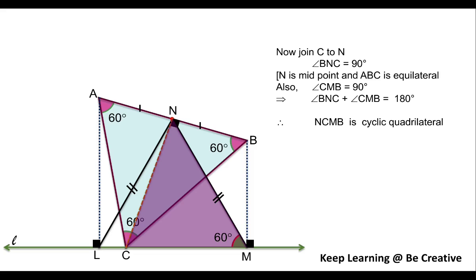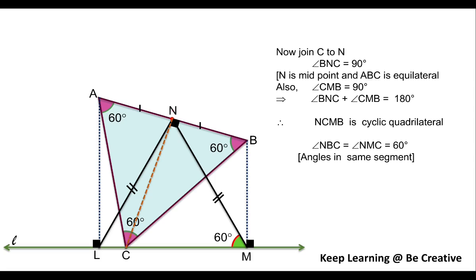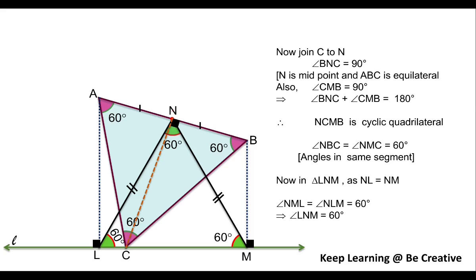So this angle is also 60 degrees. Now since this is 60 degrees and NM is equal to NL, which are the two sides of the triangle, I can write angle NLM as 60 degrees as well. So two angles are 60 degrees, so the third angle will also become 60 degrees. That's why we can say that triangle NLM is an equilateral triangle.